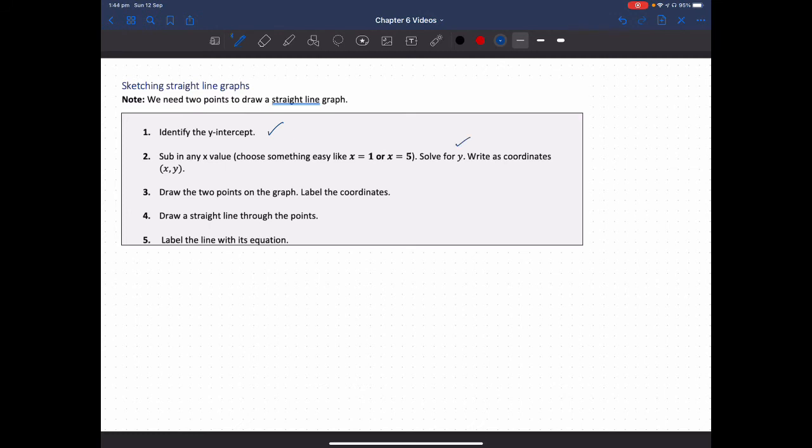You now have an x and y value for a point. That gives you a second point. Draw the 2 points on the graph. In other words, if you had this point here as a y-intercept and that point there, you then draw a straight line through those 2 points, and you write the equation of the straight line.